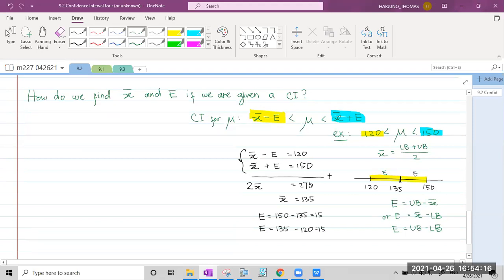So upper bound minus lower bound gives you twice the margin of error. To get just the margin of error, you can divide by 2. Okay, 150, that's the upper bound minus the lower bound, 120 divided by 2, that's 30 over 2, that's 15.